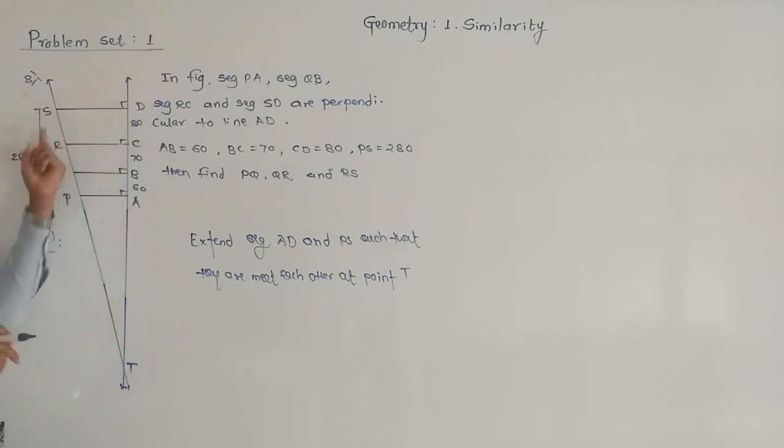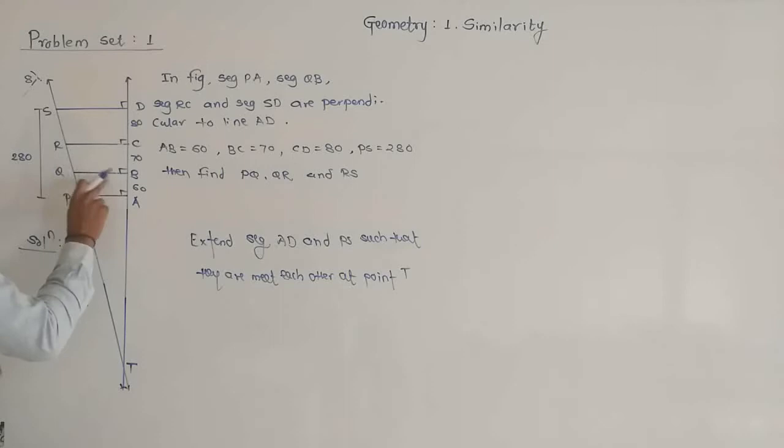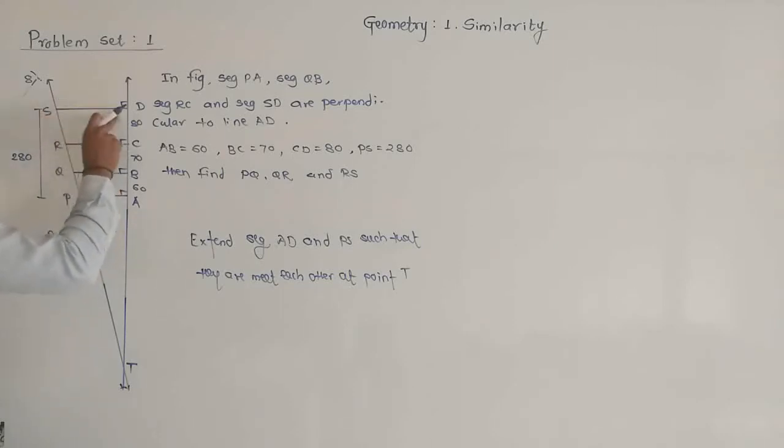So in triangle TDS, segments PA, QB, RC and SD are all perpendicular to the same line, that is AD.